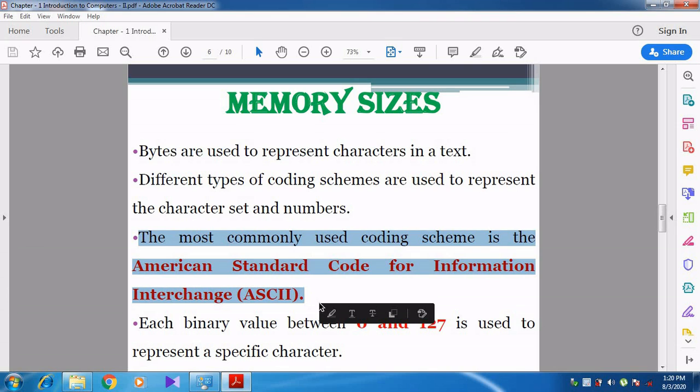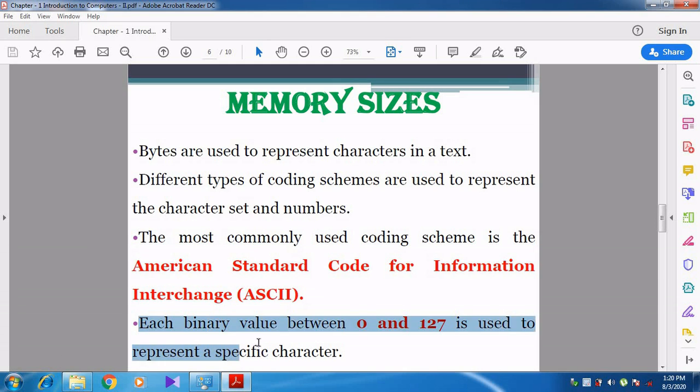This is the system we are now using. But apart from ASCII, there are different coding schemes, like Unicode, EBCDIC, ISCII, and several others. You will study them in detail one by one. Most commonly we are using the ASCII system.